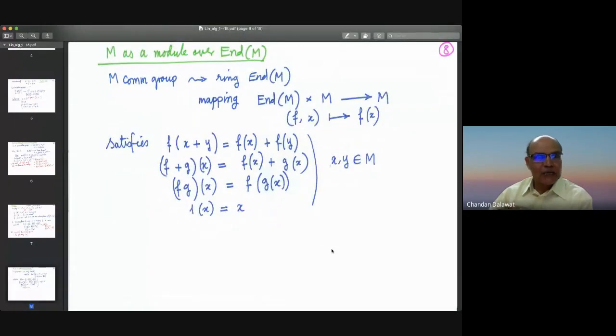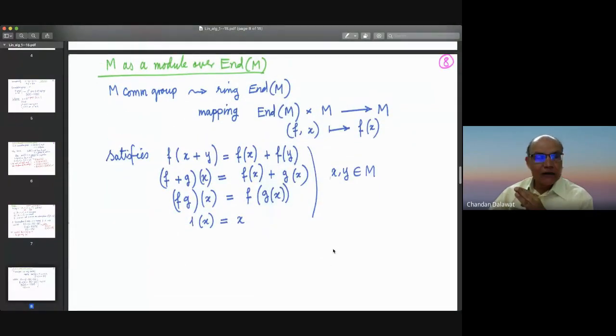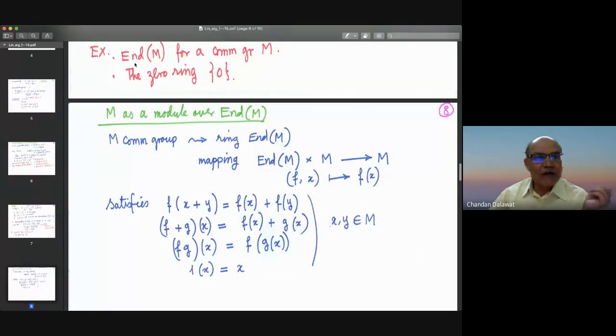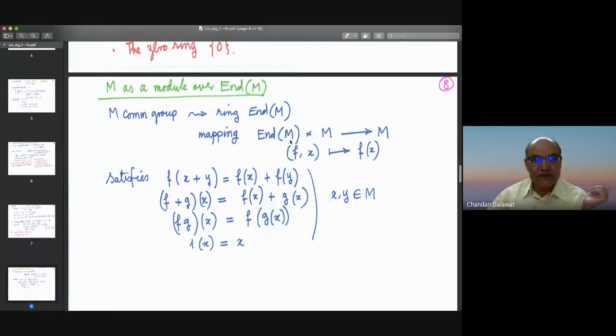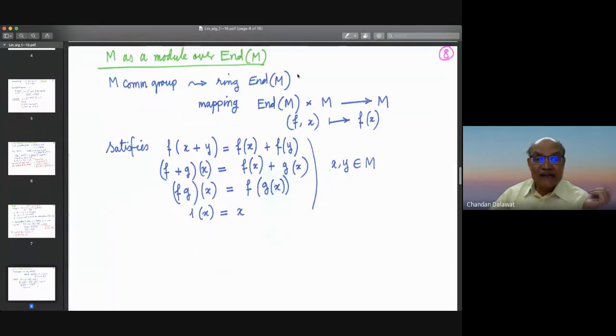Now let's go back to this example of a ring, which is the ring of endomorphisms of a commutative group. You have a commutative group M, you have the ring of endomorphisms, but that ring doesn't come alone. It comes with a mapping.